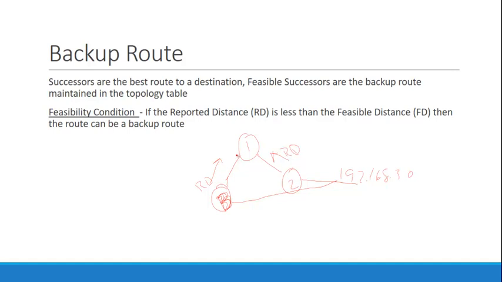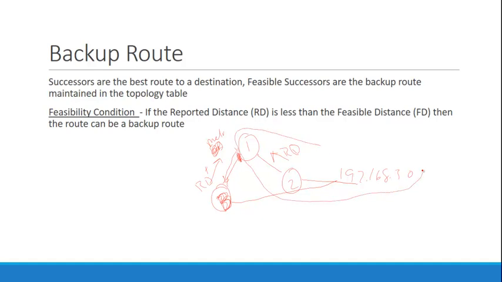However, let's say the bandwidth over this link right here is really, really bad. It's really low. So then what happens is when R1 adds its metric to get from itself to R3, the feasible distance here, the composite metric from 1 through 3 to the 192.168.3.0 network becomes greater than the metric from 1 to 2 to the 3.0 network.